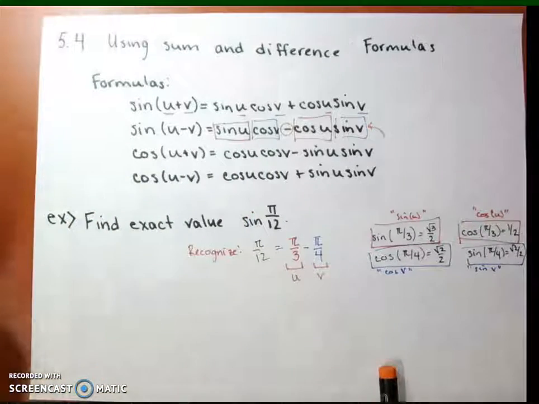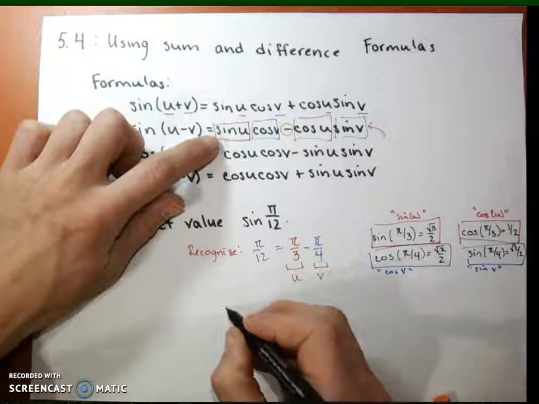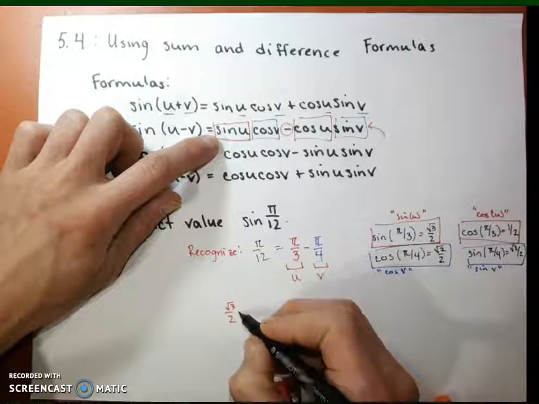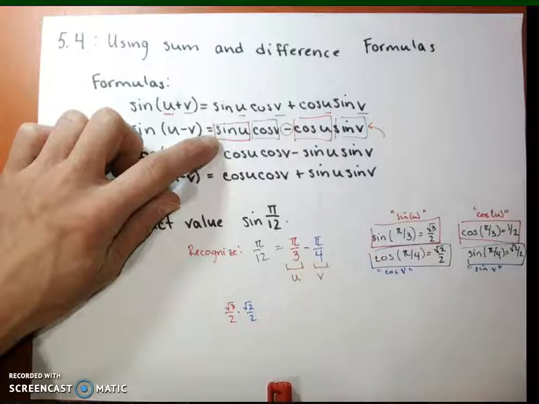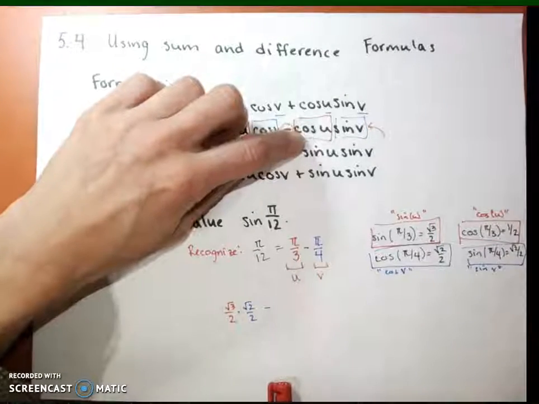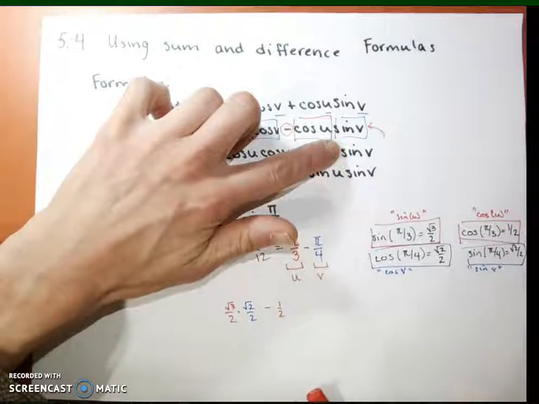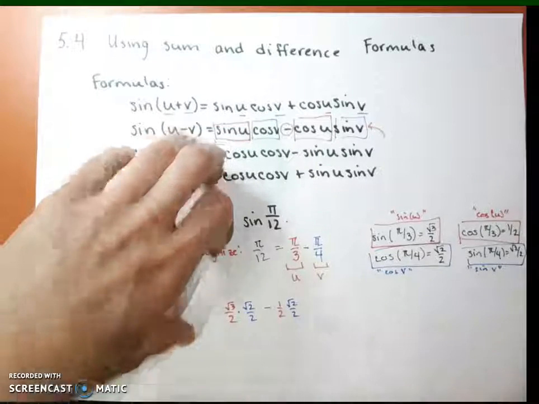And it's quite simple now. So sine of U is square root 3 over 2. Cosine of V is square root 2 over 2. Minus cosine of U is 1/2 times sine of V is square root 2 over 2.